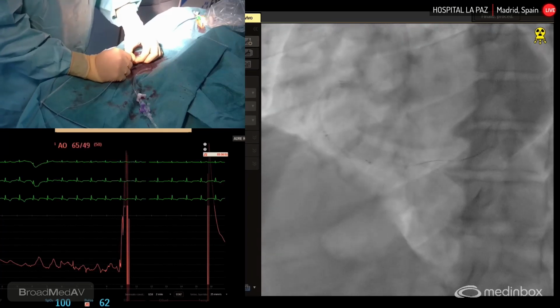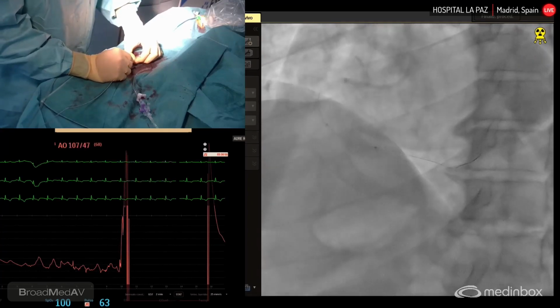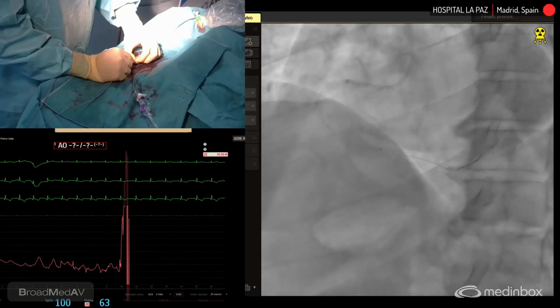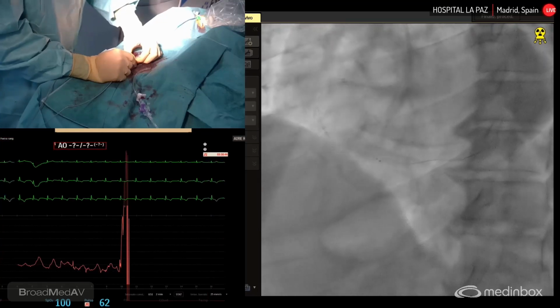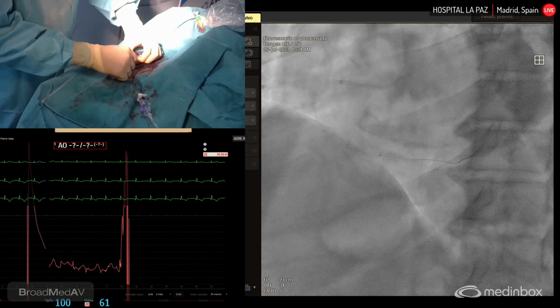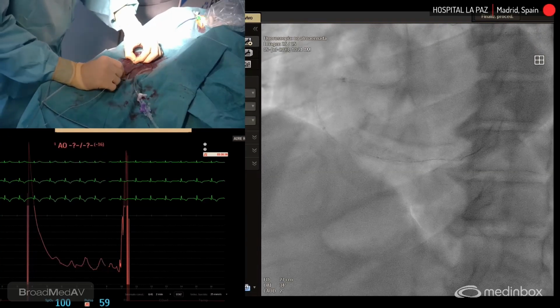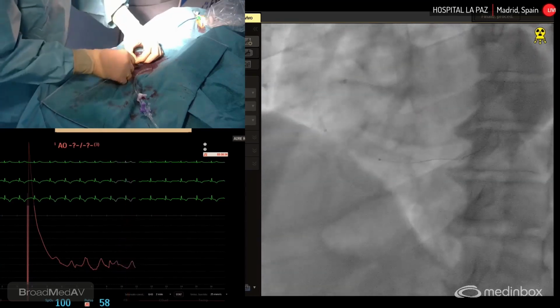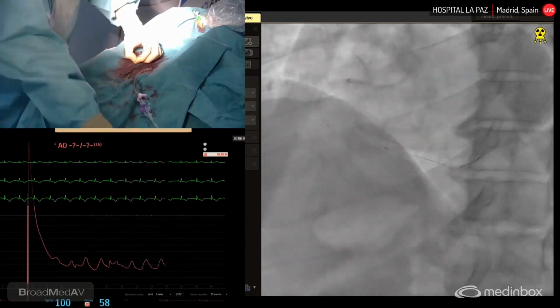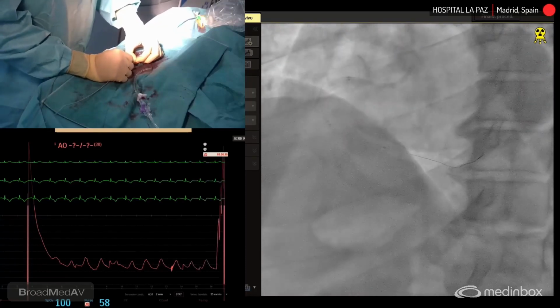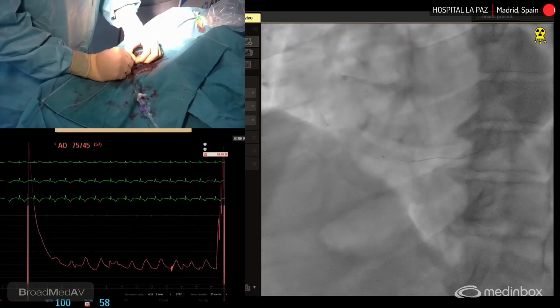Okay. Suero. We advance slowly. The system gives a note to tell us that it's ready.